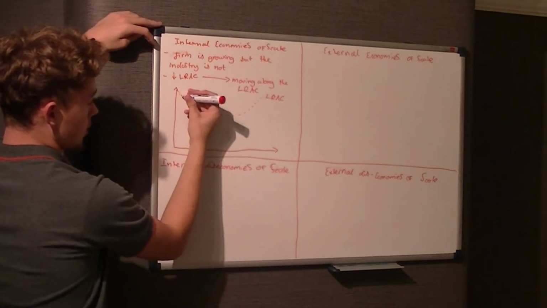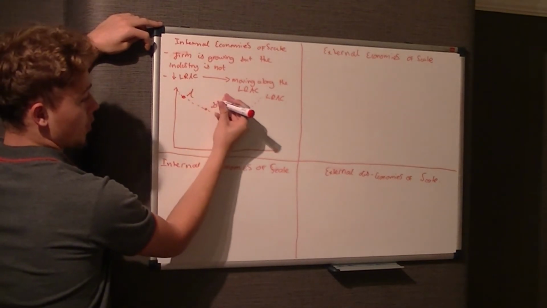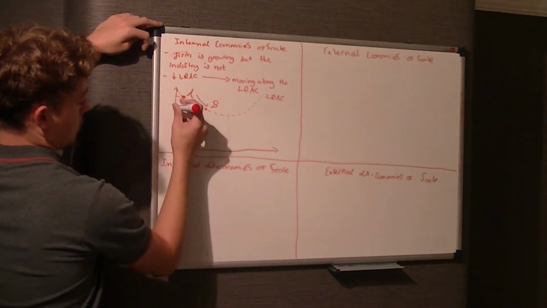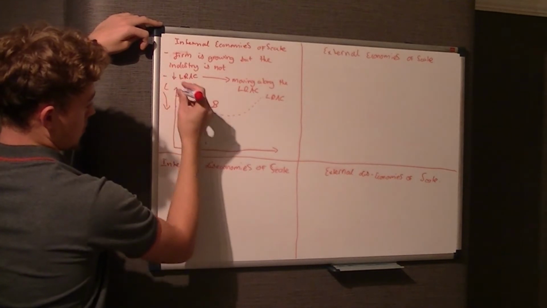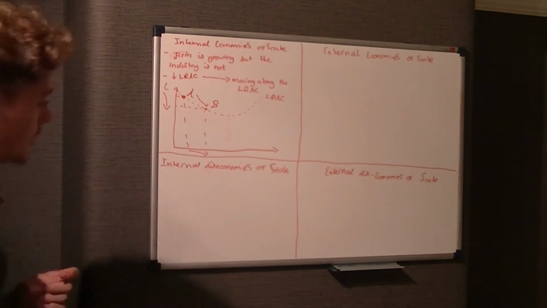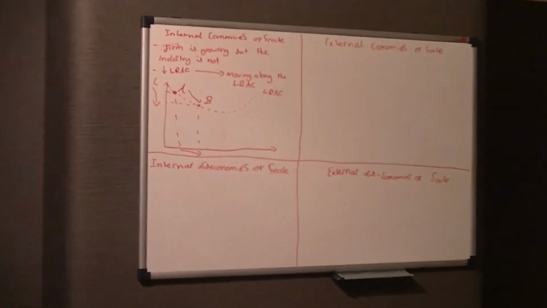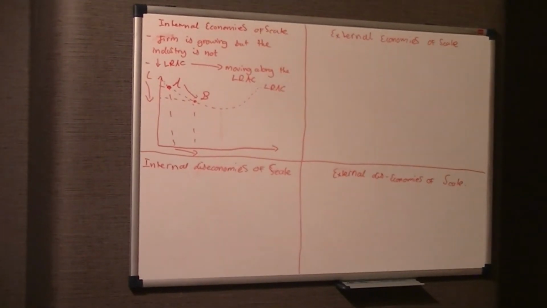So basically we could be at this point A and we move into that point B. So that's a movement along, increasing our output level and decreasing our costs. Okay, so that's a quick sketch because I'm trying to emulate the important bits there. So we're just moving from A to B on that one.